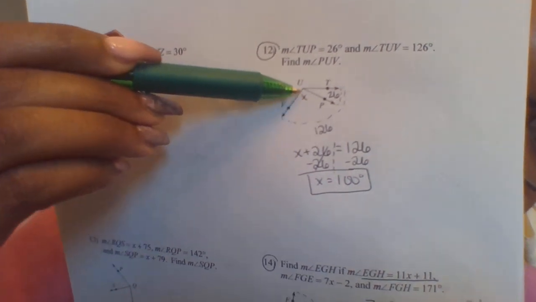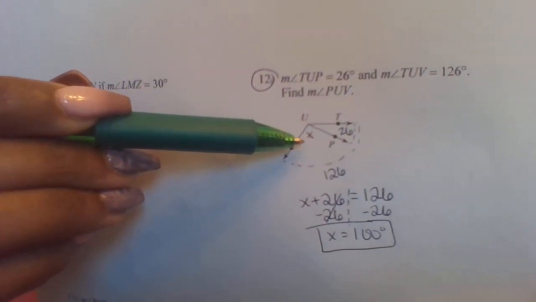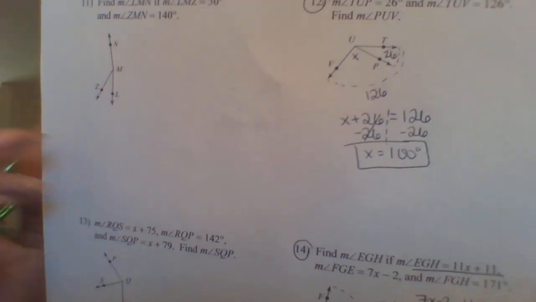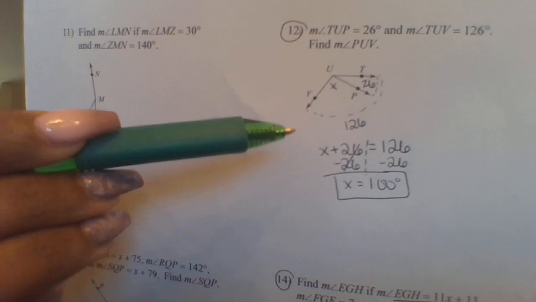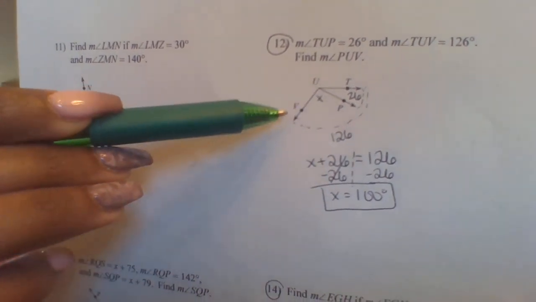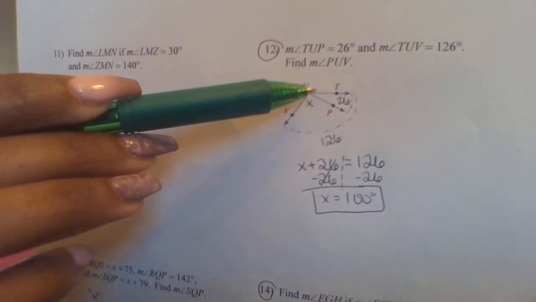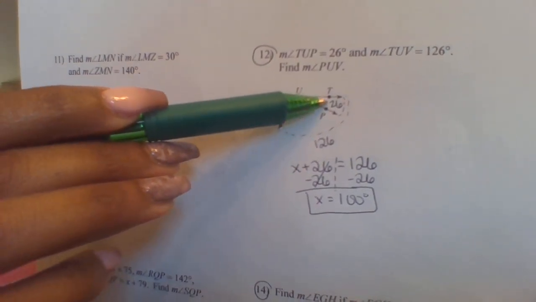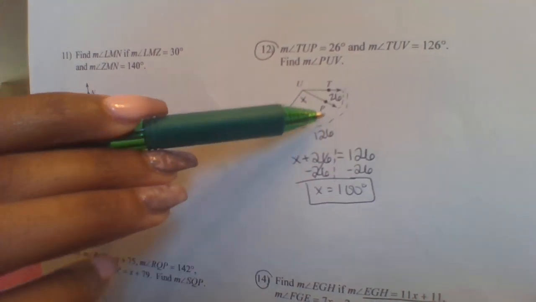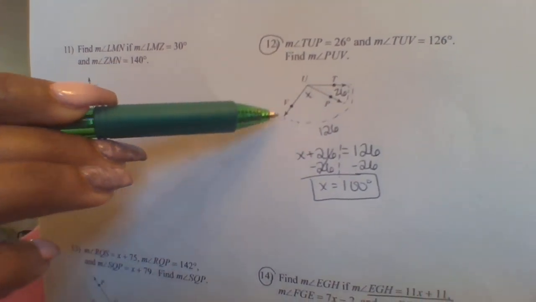If we don't know something, we usually call it X, and we try to set up an equation to solve, which is what we did. So we know that our 2 smaller angles are PUV and TUP. When we add these 2 little angles together, we should get the whole thing, which is angle TUV.